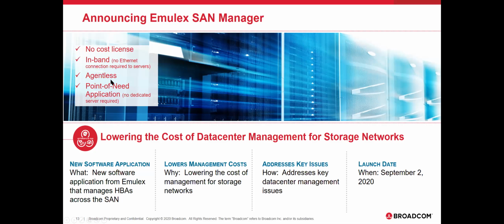There are no special agents required for each server, so you do not have to install additional software on your server. It will run with the latest drivers and firmware that are part of our HBA. And it also does not require dedicated hardware.